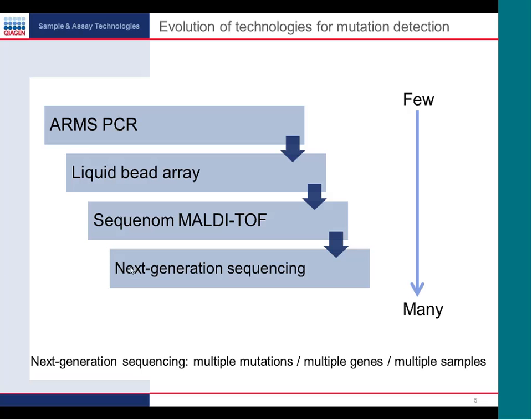It provides us the unique ability to detect multiple mutations in multiple genes with multiple samples in a single next-gen sequencing run. That's a really remarkable ability, especially for clinical samples.